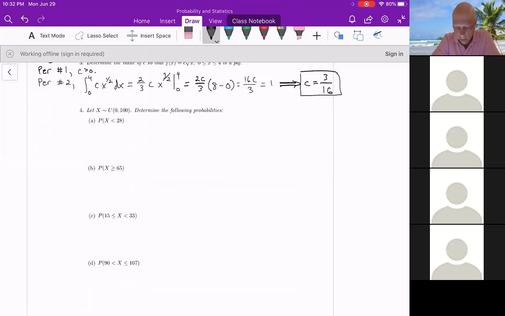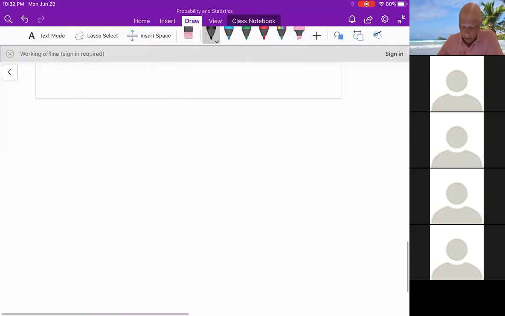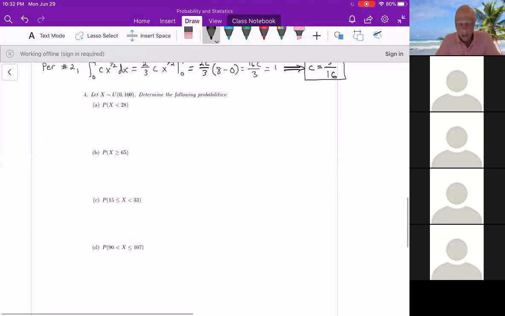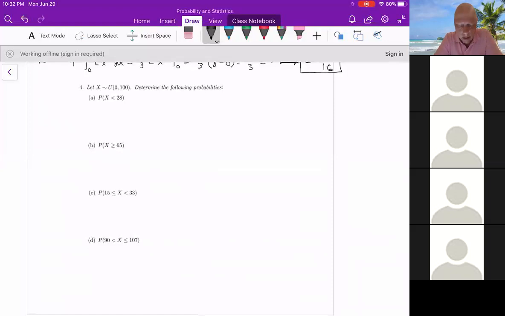Okay, well, let's take a look at problem 4 then. It says, let X have the distribution uniform from 0 to 100. We want to determine the following probabilities. So uniform 0 to 100, a quick sketch.